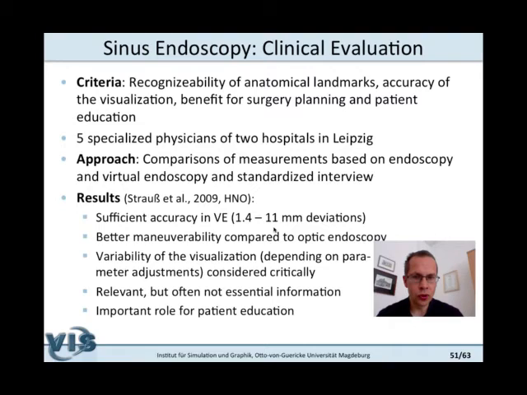What the surgeons considered critical still after we reduced the user interface was that different physicians used different settings to specify the visualization for the endoscopic views, and based on these different settings, the recognizability of landmarks, for example, was also different.